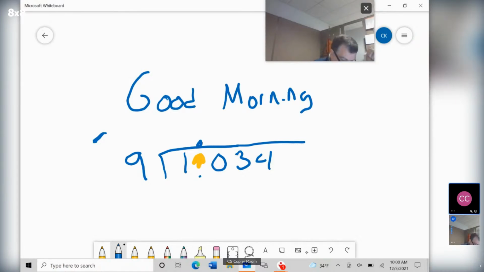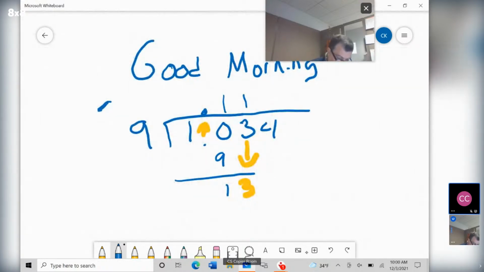We know 9 doesn't go into 1, but 9 goes into 10 one time. Then 1 times 9, then we just do a subtraction. 10 minus 9 is 1. And remember, you always bring the next number down. Then it's 13. 9 goes into 13 one time. Then 1 times 9.